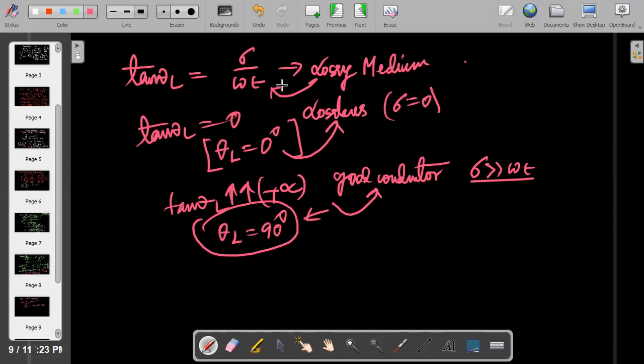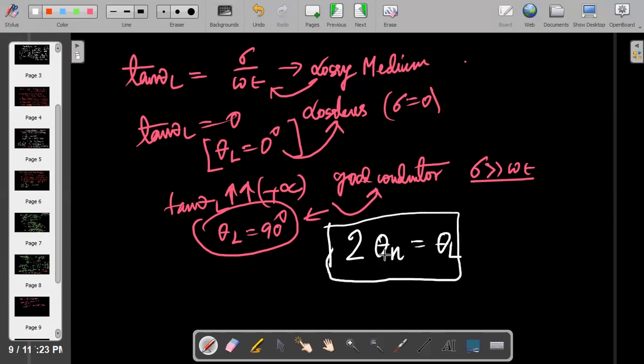Now, what is the relation between your theta n and theta L? This thing I am writing in big letters. You see, twice theta n equals your theta L. Please remember, this theta n is the phase difference between your electric field and magnetic field.